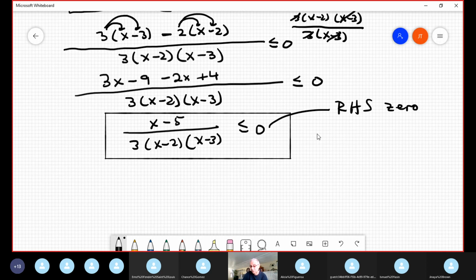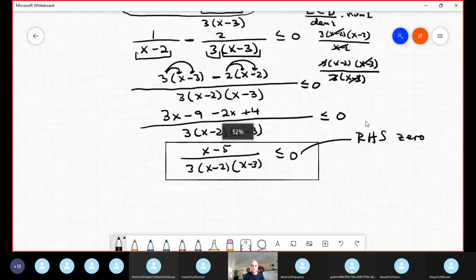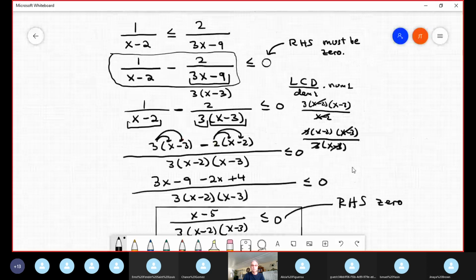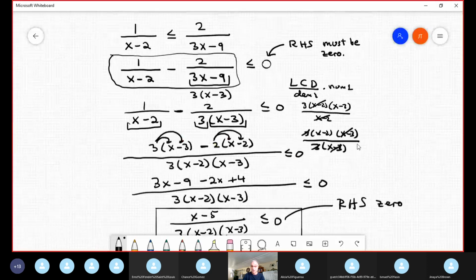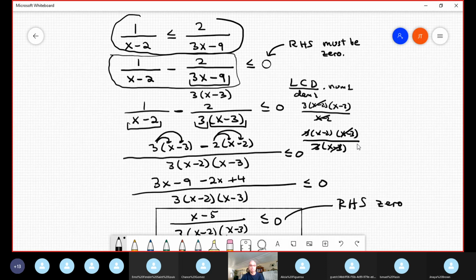Of course, I gave you a nice way before: right-hand side was 0, and I factored the top and the bottom. But in this case, I need to apply some previous algebra to reach this idea. Look, this is my original inequality, ugly, nasty. And this is my new problem.